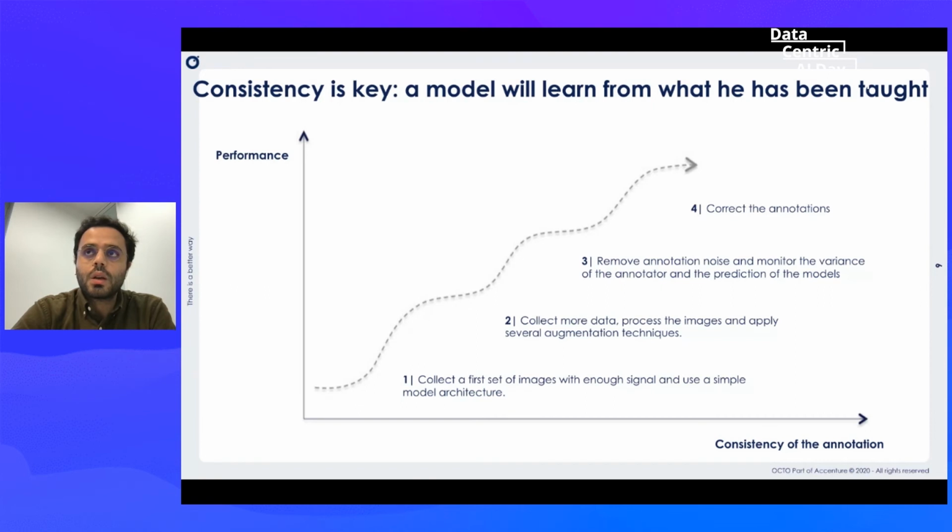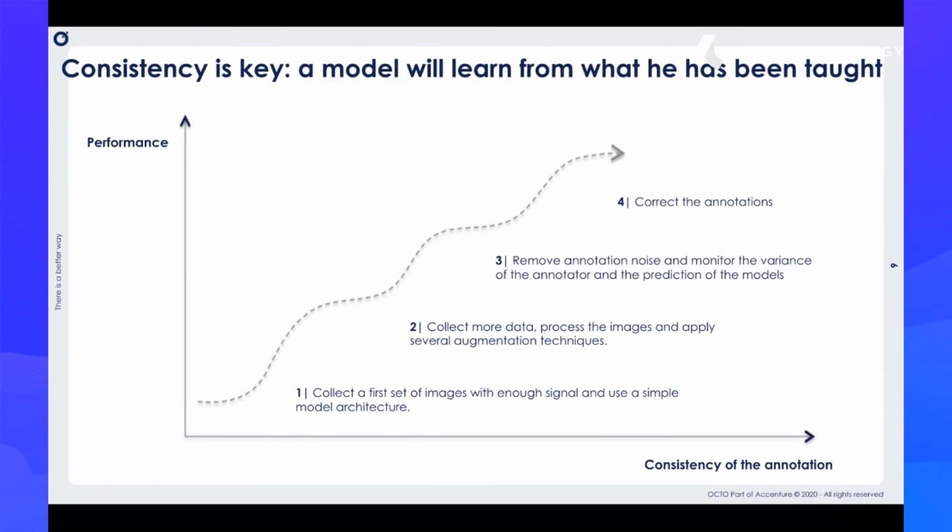This is why the data-centric approach is very important, because you have to spend more time on cleaning up your data and your annotation, rather than spending time on defining a very complicated architecture for your model.